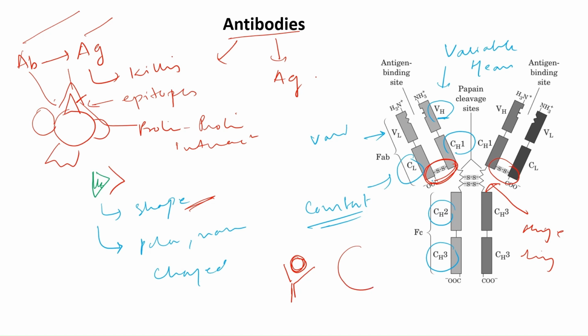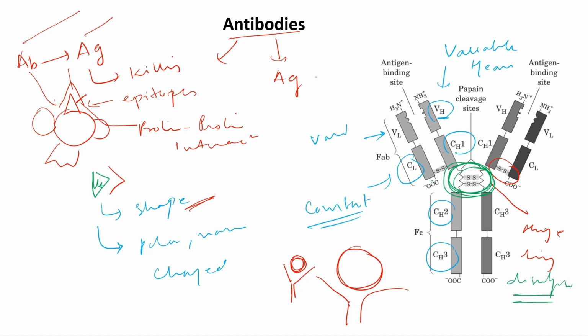Now, if the shape and size of the antigen is like this, the antibody should open its arms more. So for this flexibility, it needs a hinge region. This center part, this green circle, is known as the hinge region, which provides flexibility to the arms of the antibody. And this is also stabilized, or connected, by disulfide bonds.